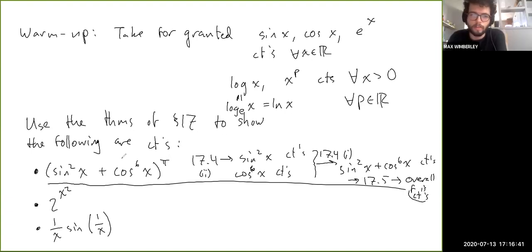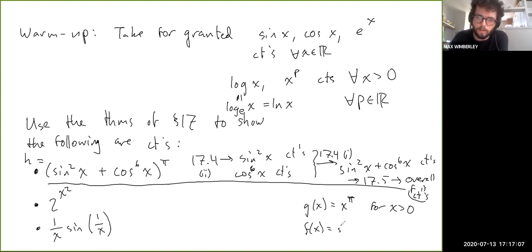If we call the overall function h, and say g of x is x to the pi for x greater than 0, and f of x is sine squared x plus cosine to the sixth x for all x in R, then h is g compose f.